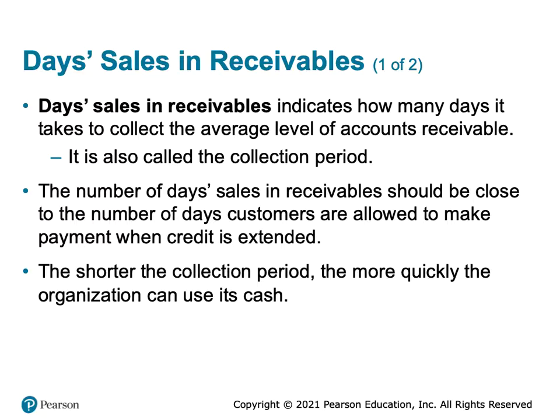So for example, if we extend credit on a 30-day basis and that number is 45, that would be concerning because that means a lot of our customers aren't paying in the 30 days that we're asking them to, and it's taking us an extra 15 days to collect typically. So the shorter the collection period, the more quickly the organization is collecting and the sooner we can use our cash, and so that would of course be the goal.